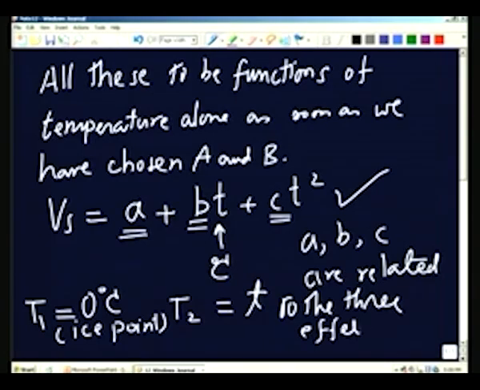So, in lecture number 11, I will start from here. I will find out what is the correspondence between A, B and C and the three coefficients or three effects we have already talked about, and also I will take an example and find out what these numbers are, what are the magnitudes of these numbers, and how whatever we have described till now can be used to construct a thermometer.